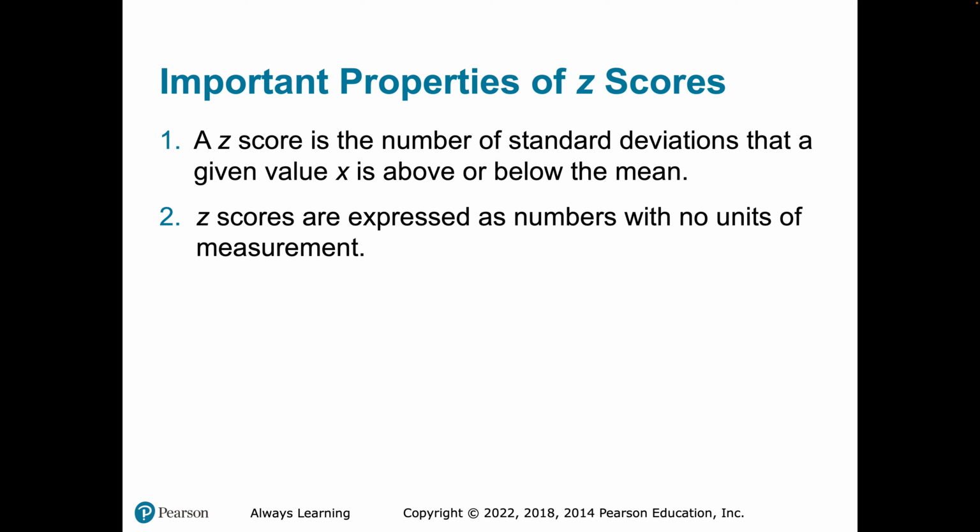A couple of important properties about z-scores. A z-score measures location in terms of the number of standard deviations that the score is away from the mean. If we have a positive z-score, it means that the score is above the mean. If we have a negative z-score, it tells us that the score is below the mean.